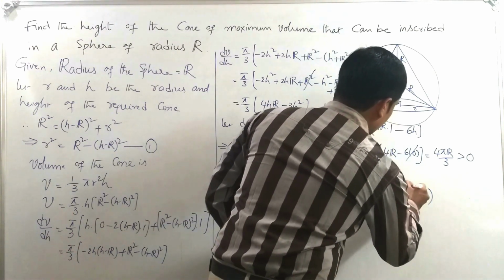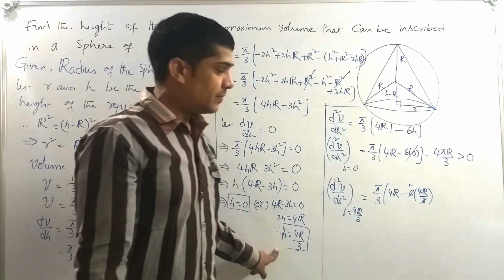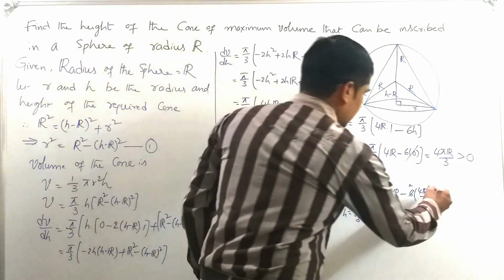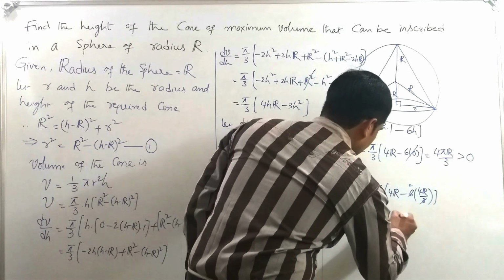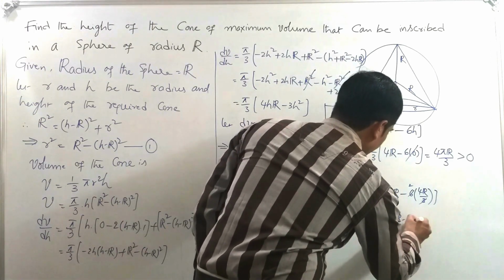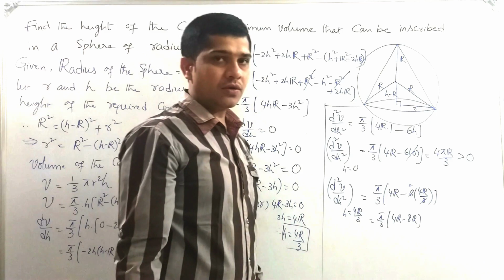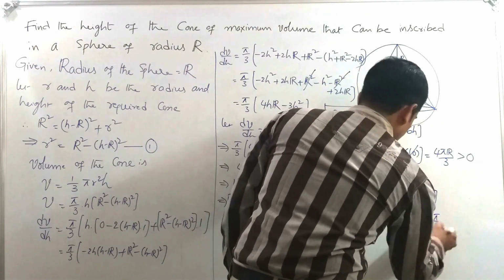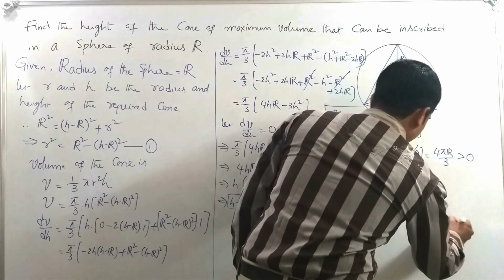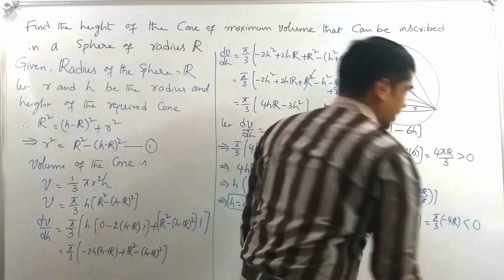So 3 and 2 cancel. So 2 4s are 8. So that is equal to pi by 3 times 4R minus 8R, that is a negative number. So it is equal to pi by 3 times minus 4 capital R, which is negative.